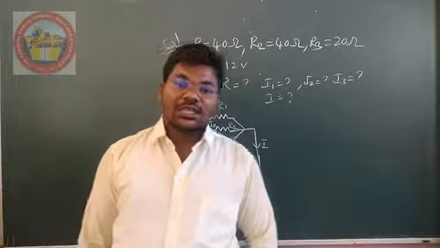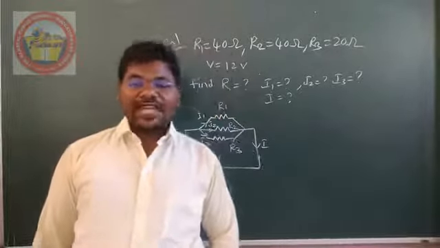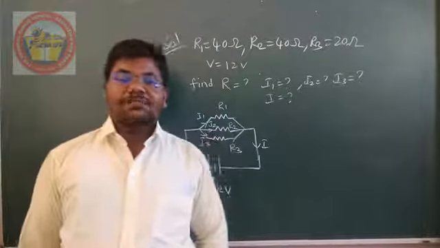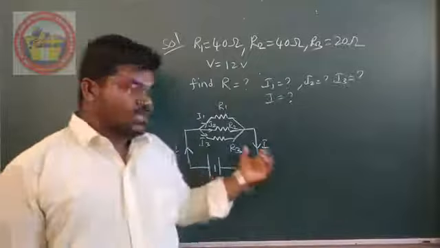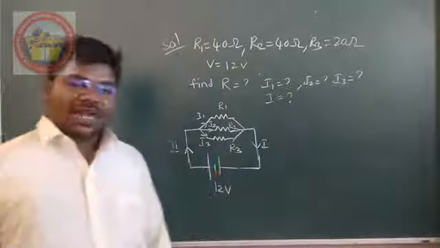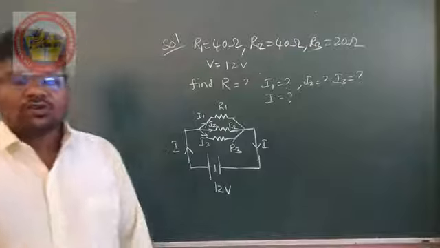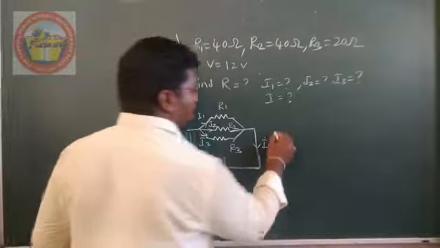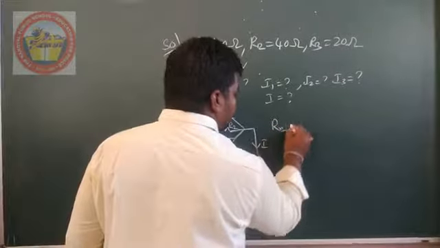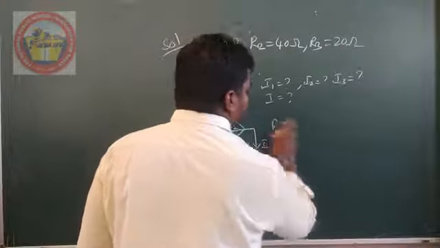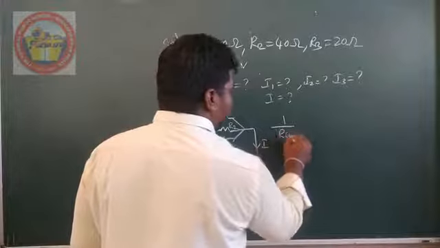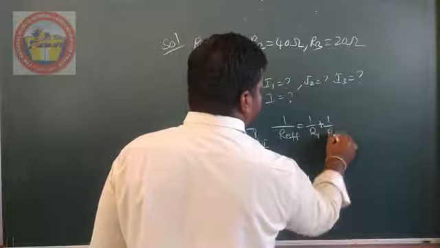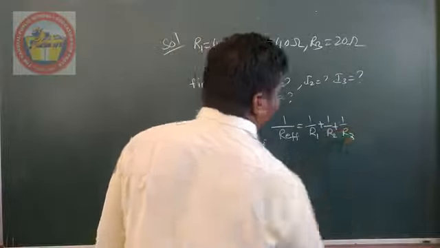First we have to find the effective resistance. These three resistors are arranged in parallel. So what is the formula required to find the effective resistance? Yes, 1 by R effective is equal to 1 by R1 plus 1 by R2 plus 1 by R3.